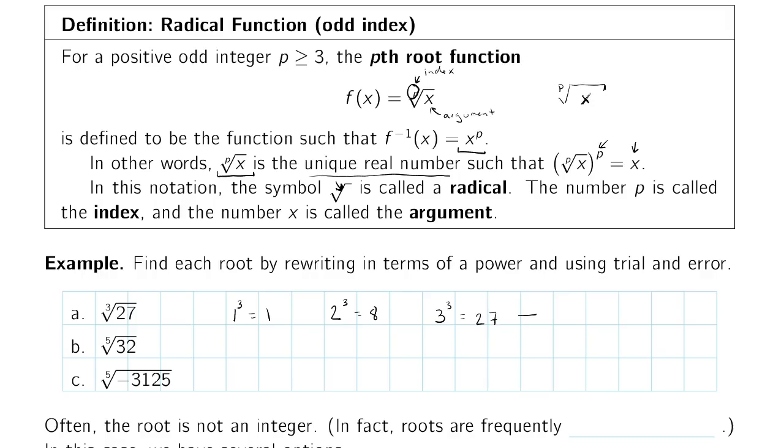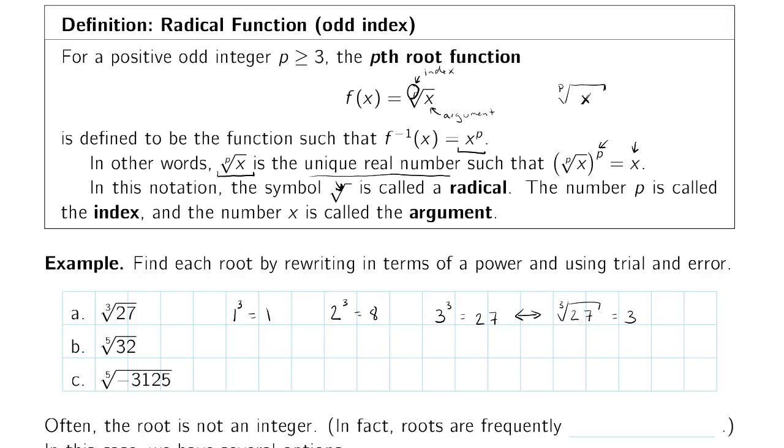So 3 to the third power is 27. That means the same as saying the third root of 27 is 3. So that was just using trial and error to find the third root of 27. And of course, we can work out those actual powers on a calculator if we'd like.